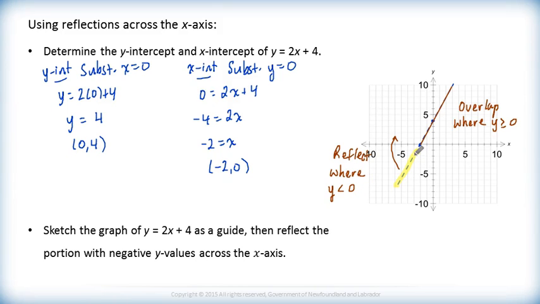To be reasonably accurate, I have a point 2 spaces below here, so I've got a point 2 spaces above, and then 4 spaces below goes to 4 spaces above, etc. And the x-intercept remains the same because the y value is 0 and the absolute value of 0 is 0. So we've got our graph, that nice V shape.